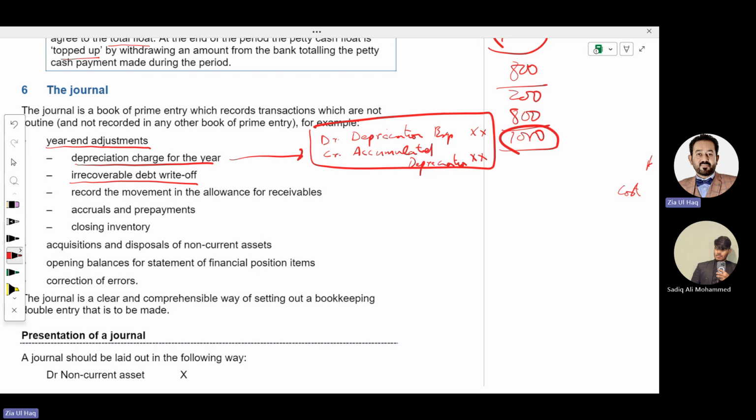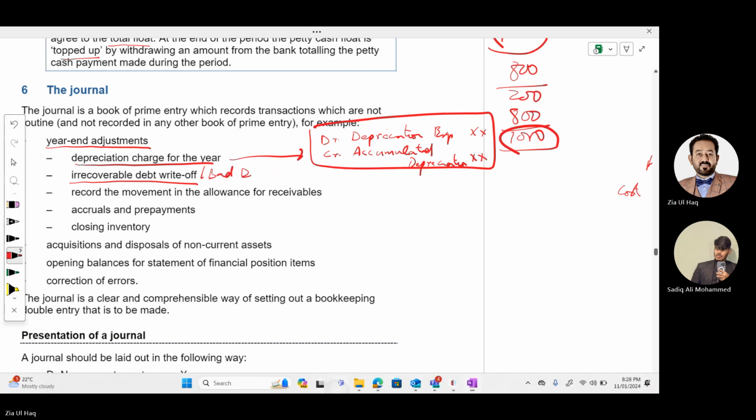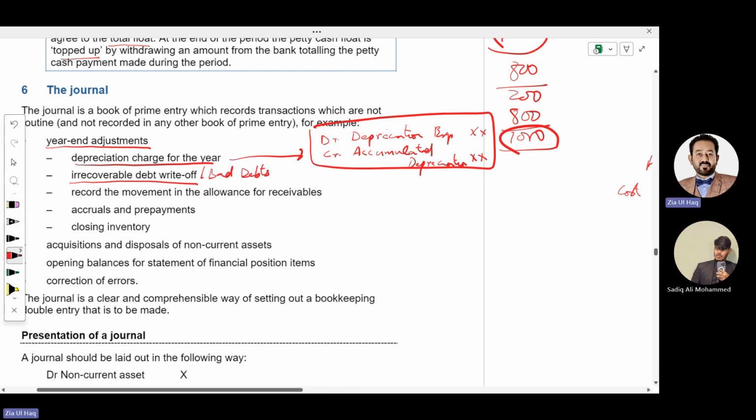If that customer becomes bankrupt, or we cannot find him, he's gone somewhere, can we receive that money? No. That will be called bad debts. So for bad debts, we need to record an accounting entry at the year end in the journal.